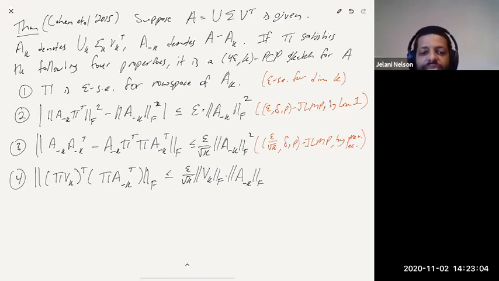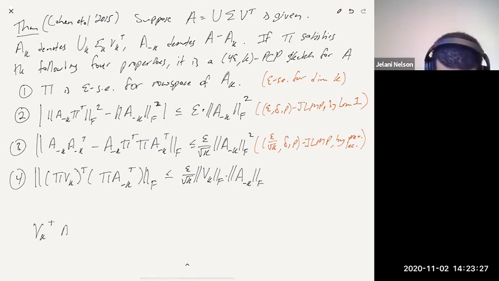Why? Because remember now, V_k and V_minus-k are orthogonal to each other. V_minus-k is like the orthogonal subspace to V_k. So pretend it was not sketched, and ask yourself what's the actual matrix product? Well, it's V_k transpose times (A minus A_k) transpose.